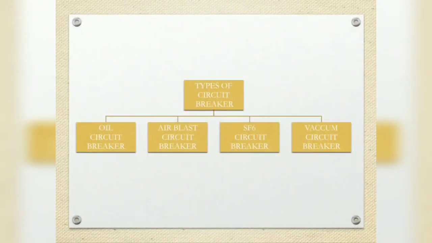So we studied types of circuit breaker: oil circuit breaker, in that bulk oil circuit breaker and minimum oil circuit breaker. The oil circuit breaker we studied in the previous lecture, and air circuit breaker, air blast circuit breaker.